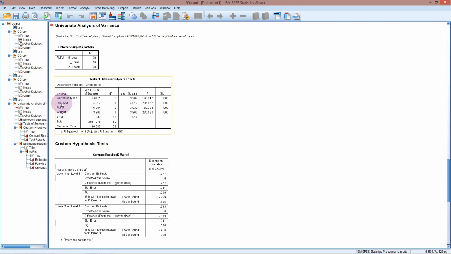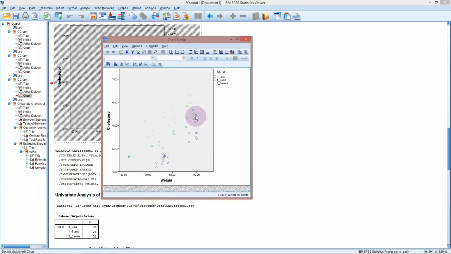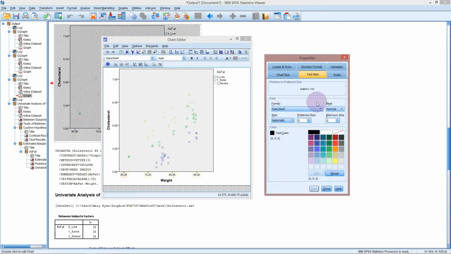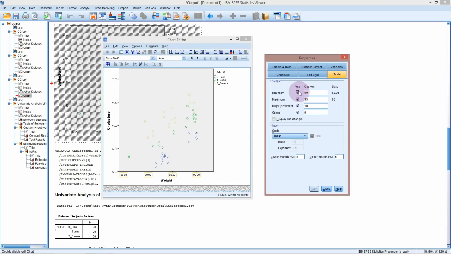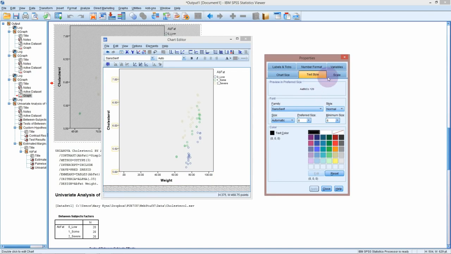So if we look back at the weight and cholesterol one, if I just double click this out and scale, I'll set the scale to 0.